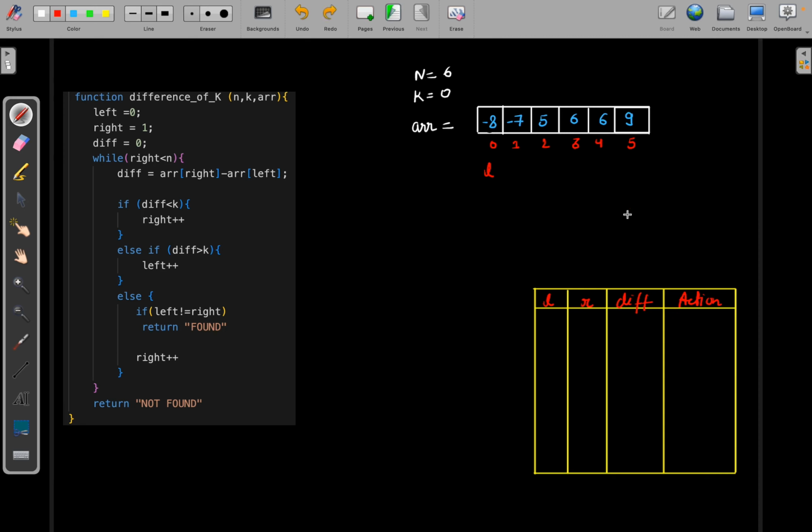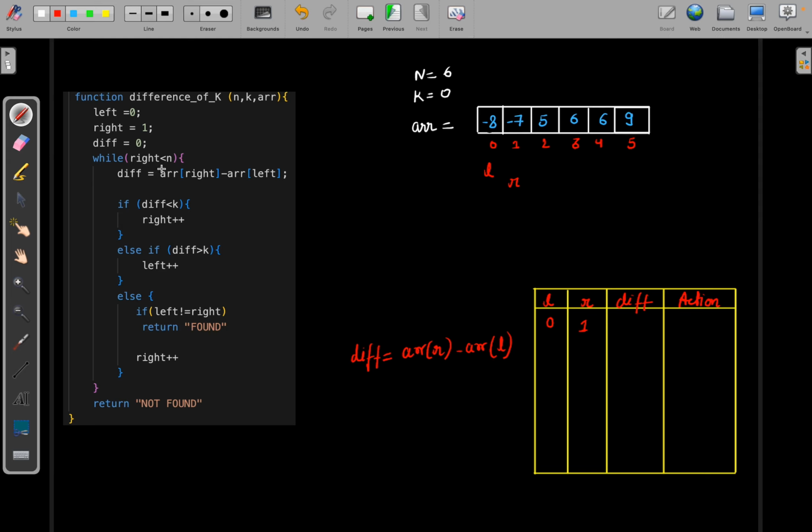I think the difference will be here, that is ARR of R minus ARR of L. And my second pointer will be R, that is at 1. So let's start. Left is equal to 0, right equals to 1. Yes, so it is at 1, and the first difference is 0.